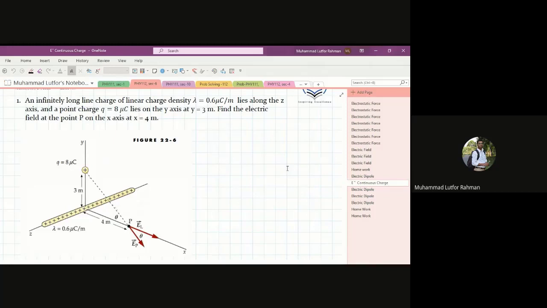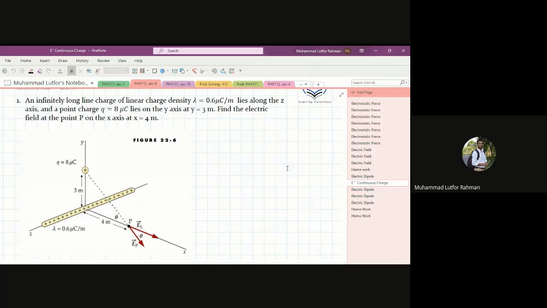Now they asked me to find the electric field at the point P on the x axis at x equal to 4 meter. Here we have to deal with a point charge and a continuous charge distribution at the same time, right?